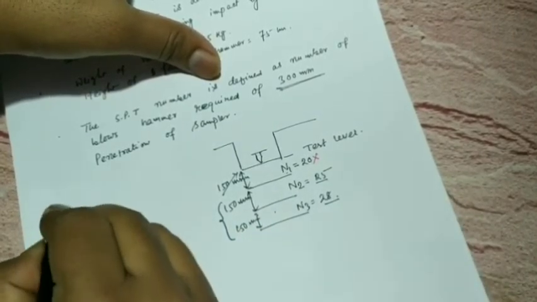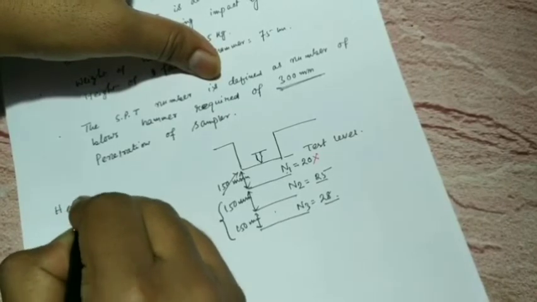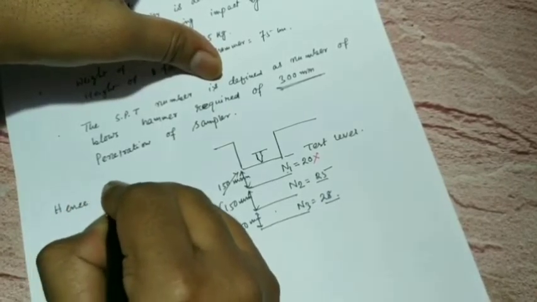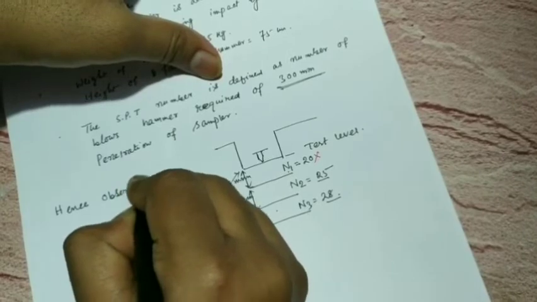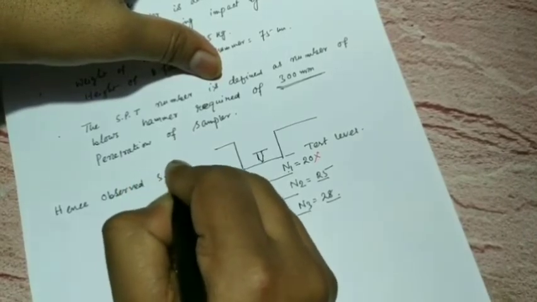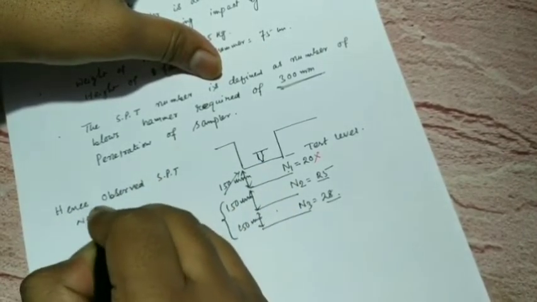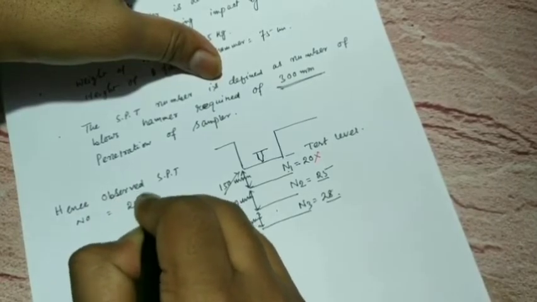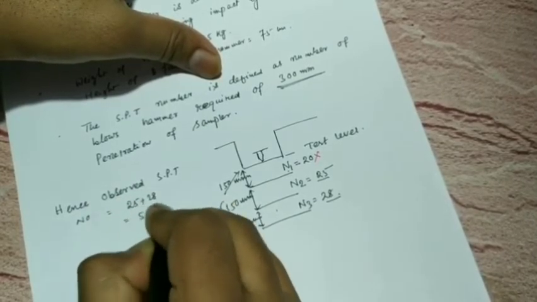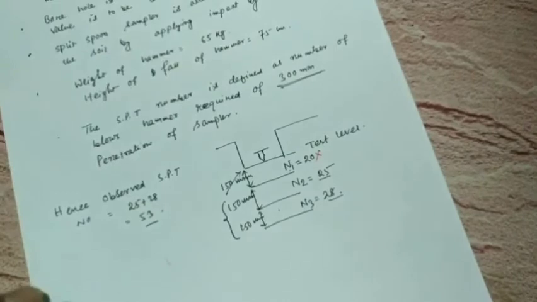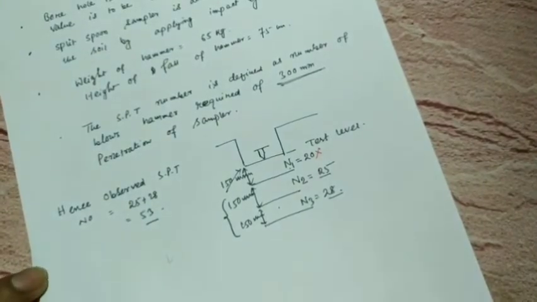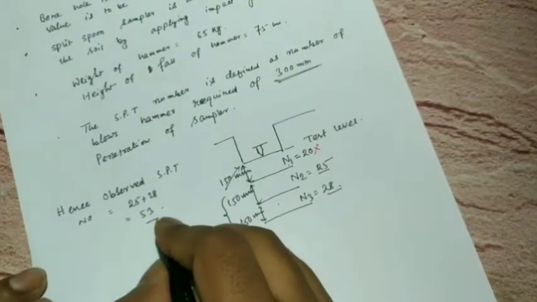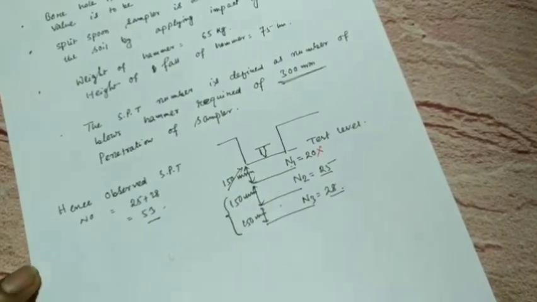Hence observed SPT number is 25 plus 28, 53. Now this SPT number is subjected to the following corrections.